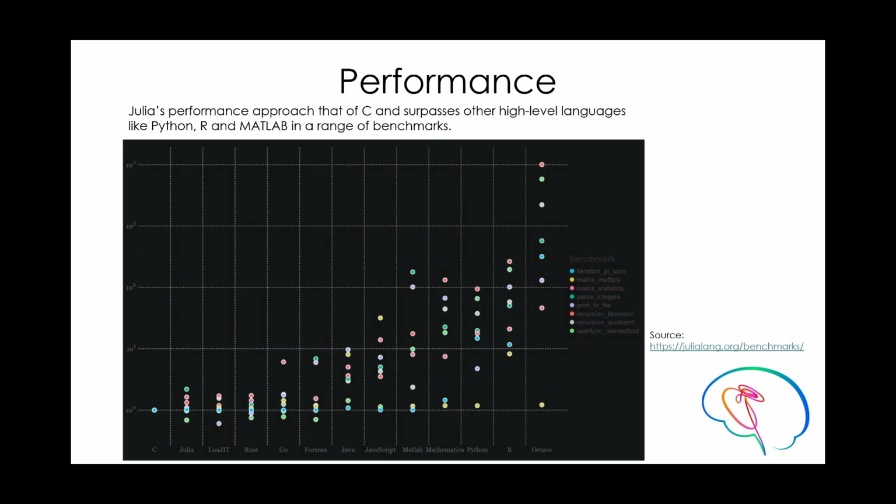As you can see, on the x-axis we have different languages, and they're all compared to C. That's why C is collapsed in one point. And as you can see, Julia is very much approximating C behavior in most of those benchmarks. You can see this in stark contrast with other high-level languages like MATLAB, R, Octave.